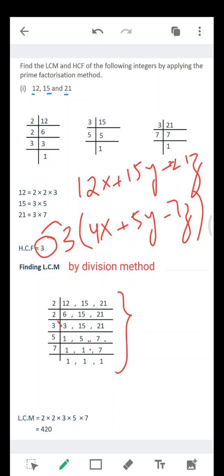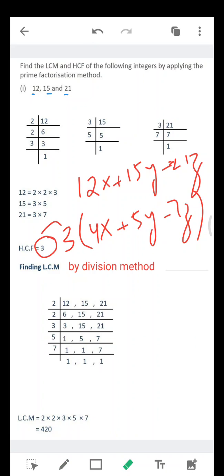We'll solve it till we get 1 at the end. Now we'll multiply all these factors, 2 into 2 into 3 into 5 into 7. When you multiply all these, you get 420. So this is the LCM by the division method.